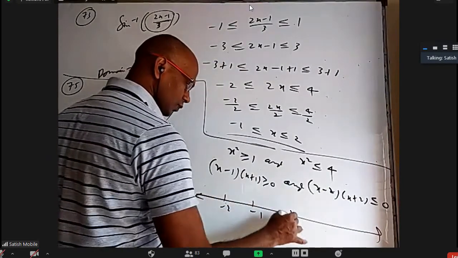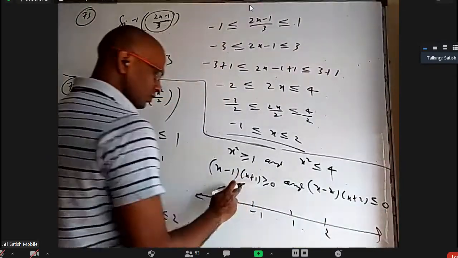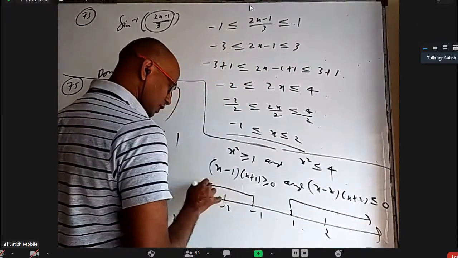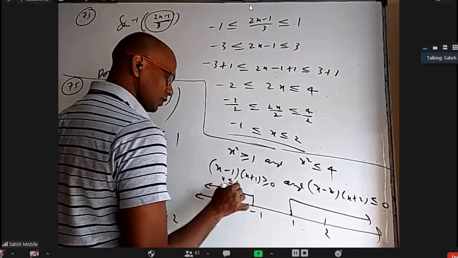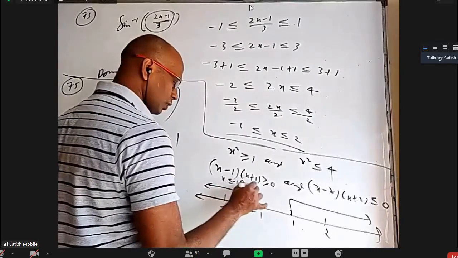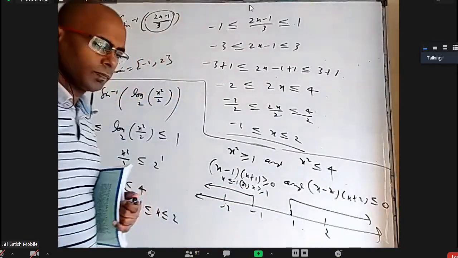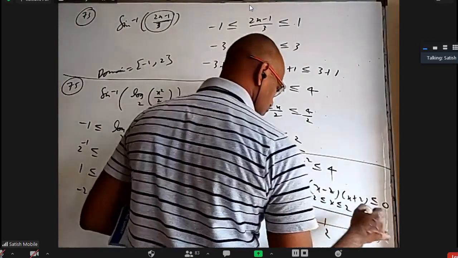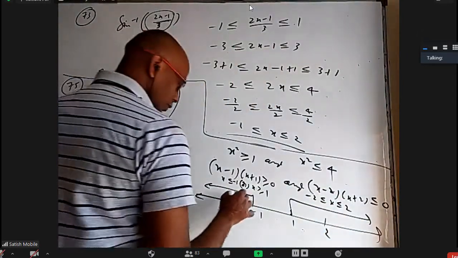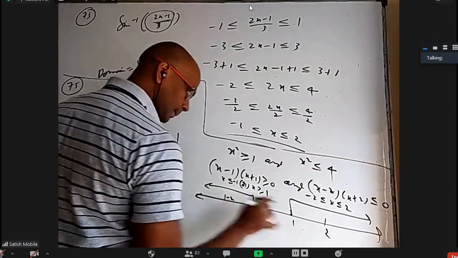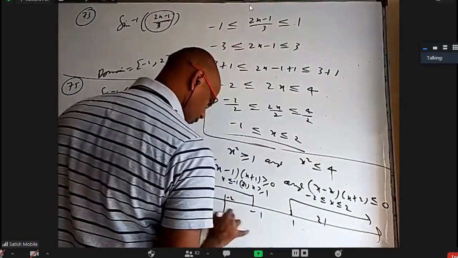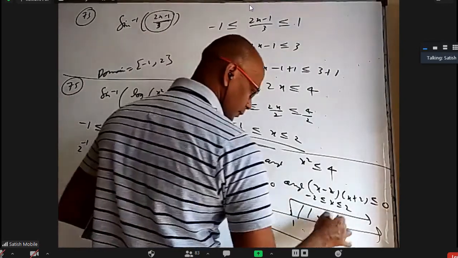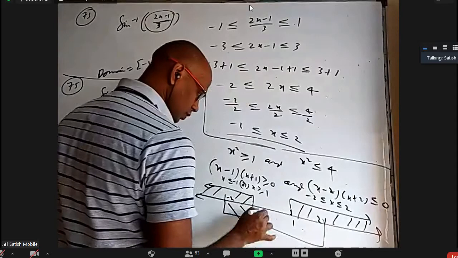Minus 2, minus 1, 1 and 2. The first one says x should be more than 1 or less than minus 1. X is less than or equal to minus 1 or x is greater than or equal to 1. Second one says minus 2 less than or equal to x less than or equal to 2. So one inequality says all these things. Another inequality says all these things.